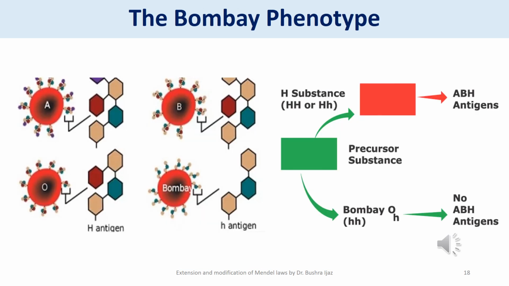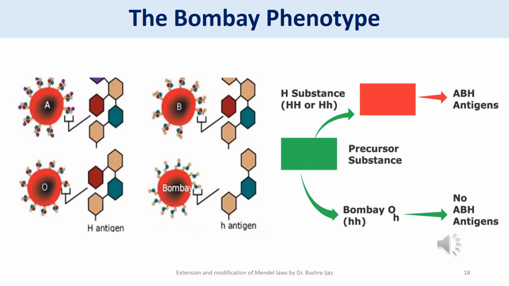So on the right side of the slide, you see in the green block, that is the precursor substance. If the allele A is present in an individual, the blood group is type A, and on the H substance, N-acetylglucosamine units of the sugar are added. If the individual is type B blood group, then the terminal sugar that is added to the H substance is a galactose unit.